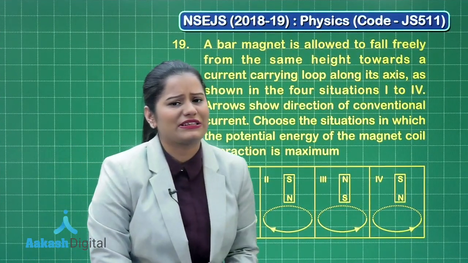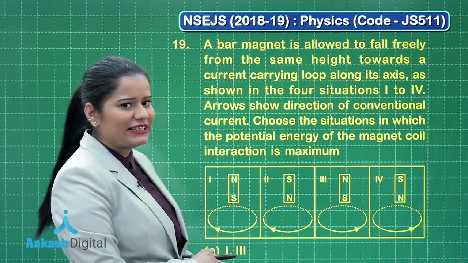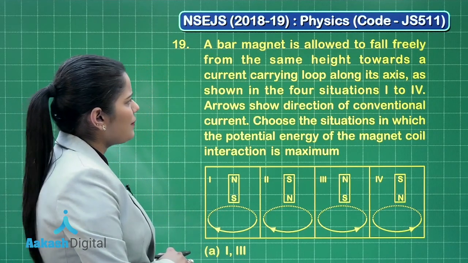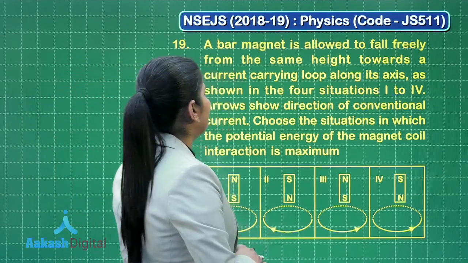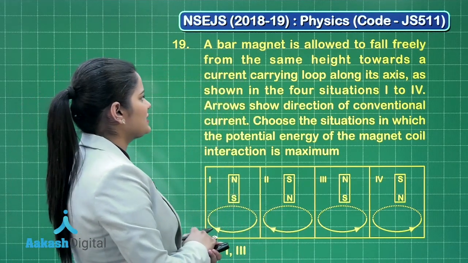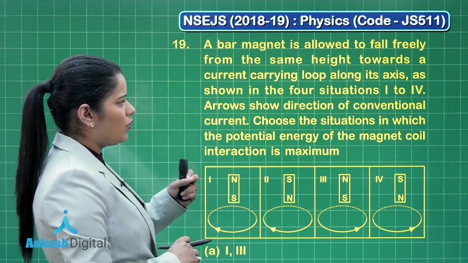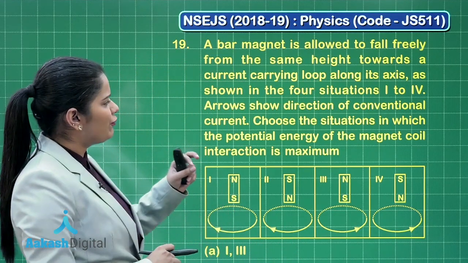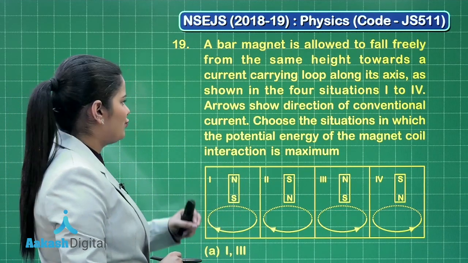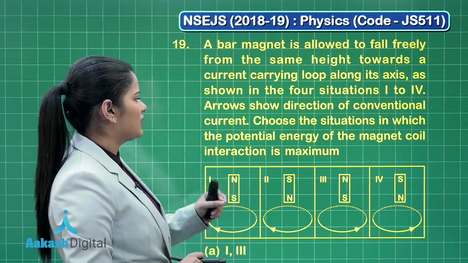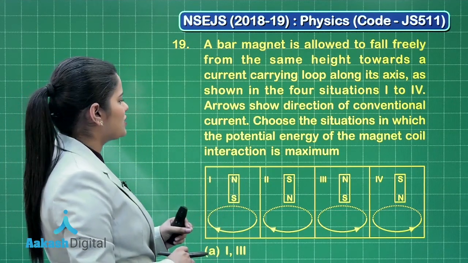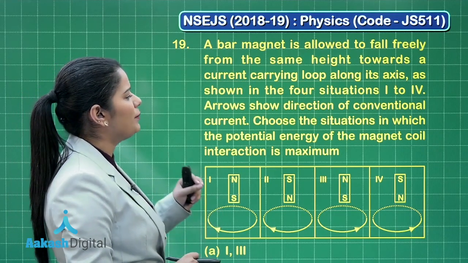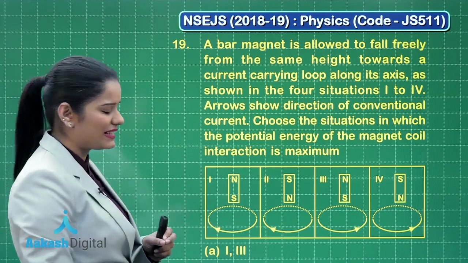Hey, so here we have the next question, that is question number 19 on the board. This says a bar magnet is allowed to fall freely from the same height towards a current carrying loop along its axis as shown in the 4 situations 1 to 4. Arrows show the direction of the conventional current. Choose the situations in which the potential energy of the magnet coil interaction is maximum.